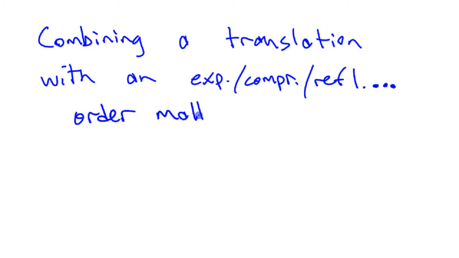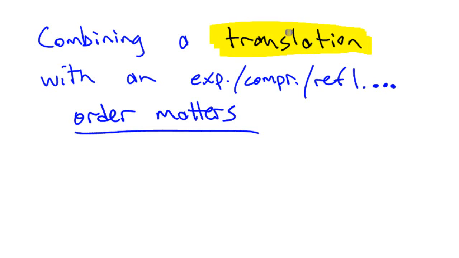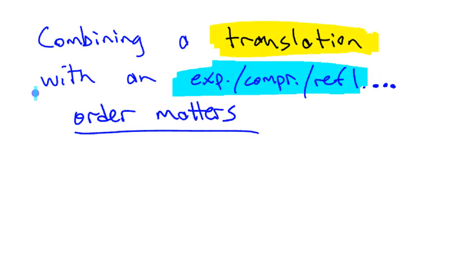Order matters, all right? Anytime you involve a translation with one of the other ones. And again, the simplest way to think of it is, this is an addition thing. These are multiplication or division things.